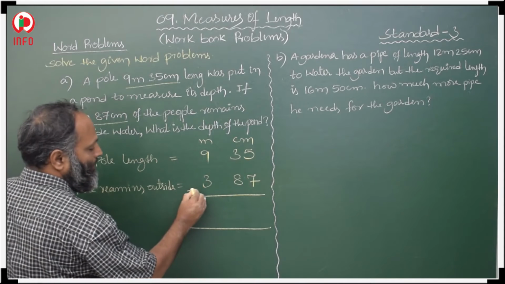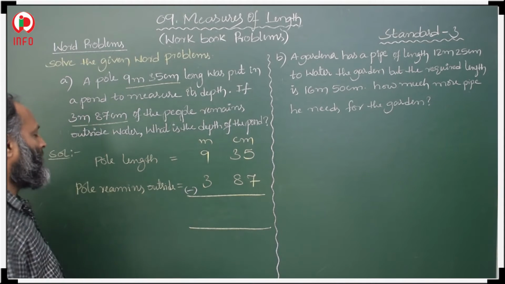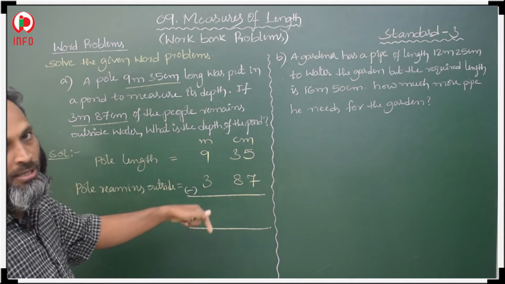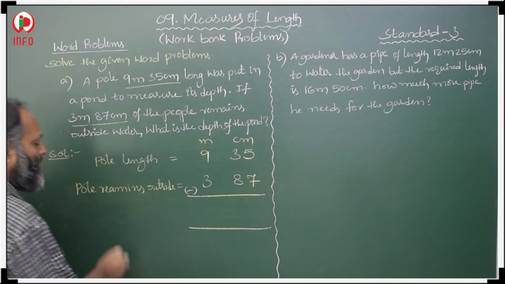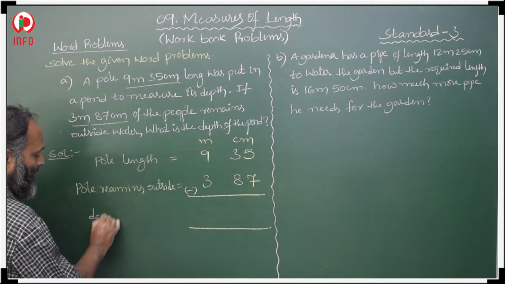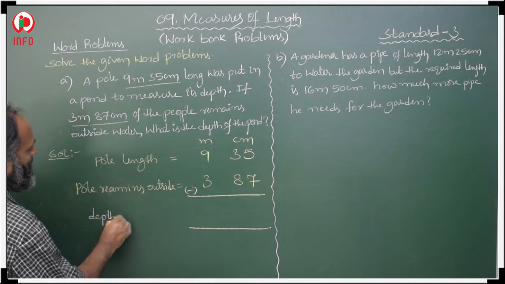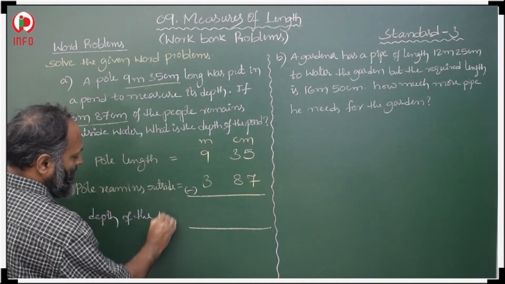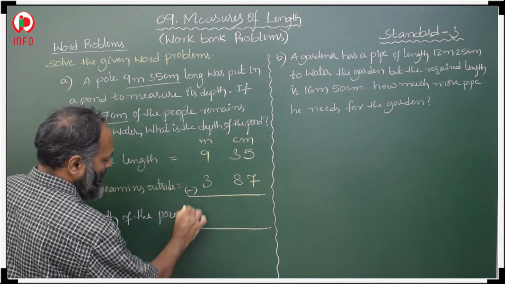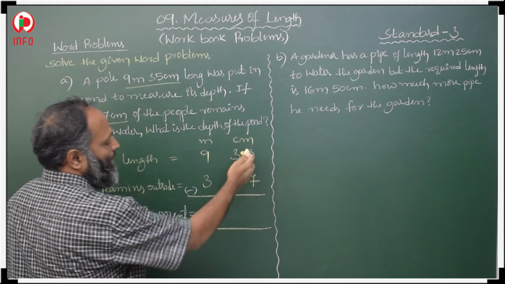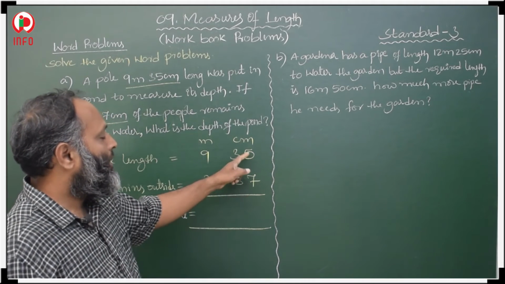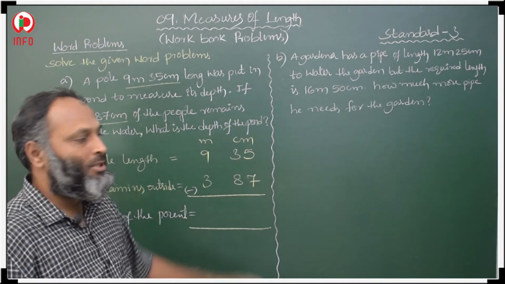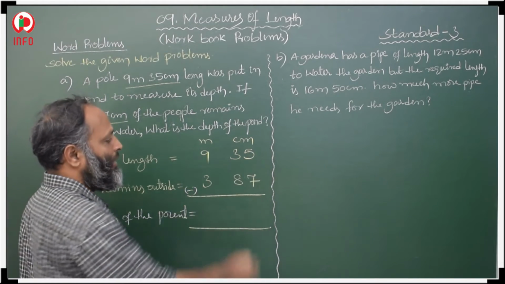How will you get it? If you subtract from the total length whatever remains outside, then you will get the depth of the pond. Depth of the pond is equal to, now minus it. Find the difference of 5 and 7. It is not possible to minus, smaller minus bigger, take borrow.